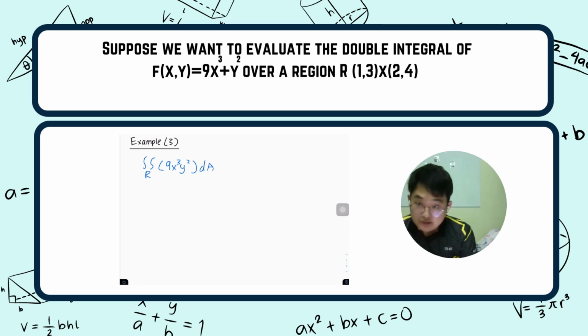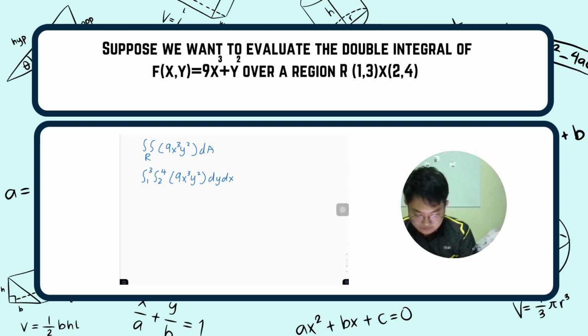The lower and upper limits are already given, so we can write the lower limit as 1 and upper limit as 3 for x, and 2 and 4 for y, of 9x cubed y squared dy dx.